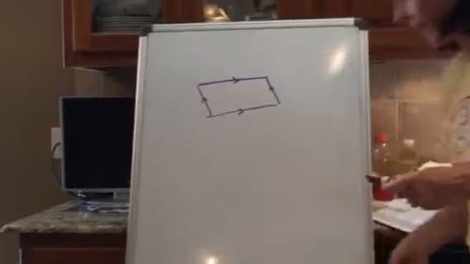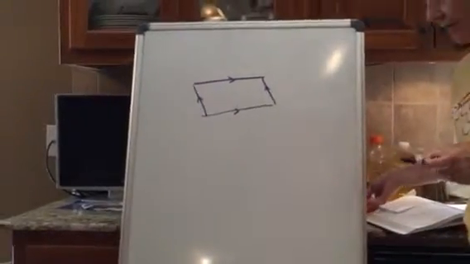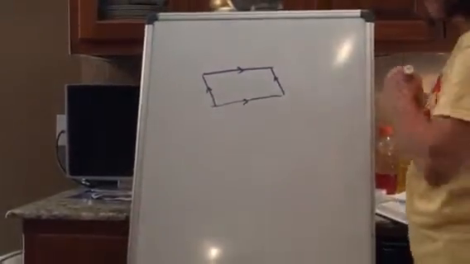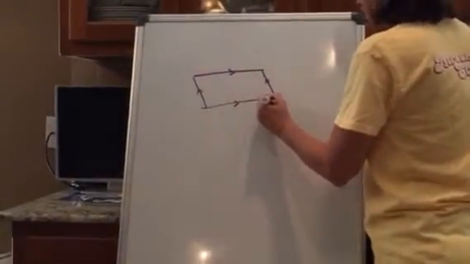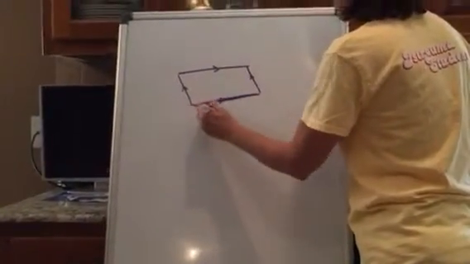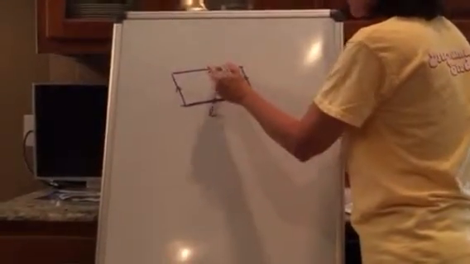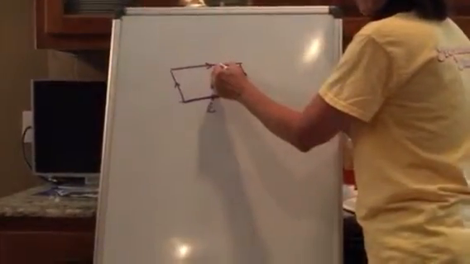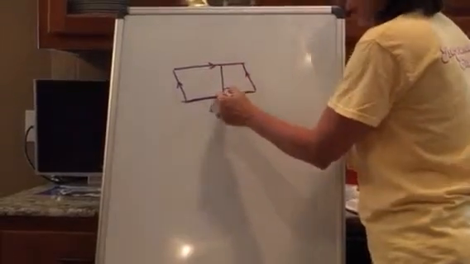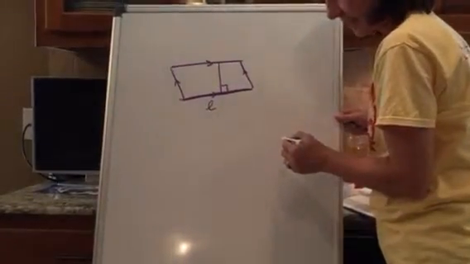In order to find the area of a parallelogram, you take the length of one of the sides and you have to look at the altitude, and that's a line that's perpendicular from one parallel line to the next.